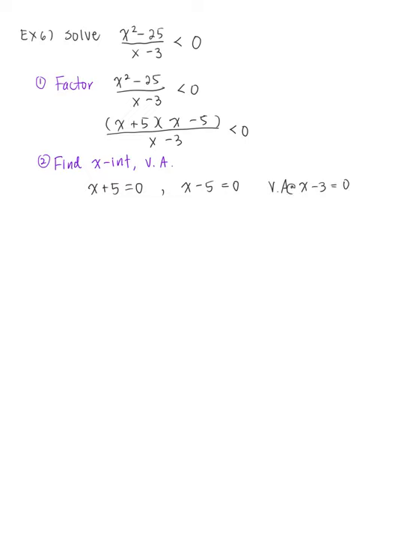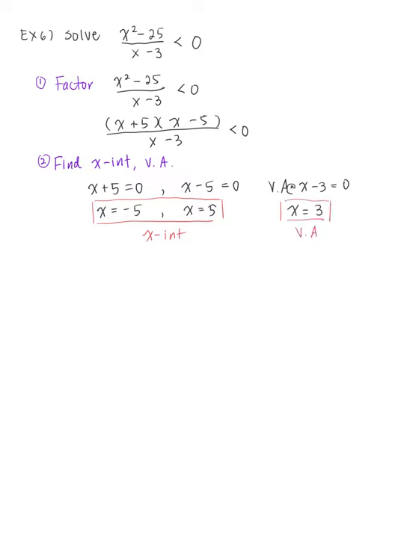So our x-intercepts are at x equals negative 5 and x equals 5, and our vertical asymptote is going to be x equals 3.